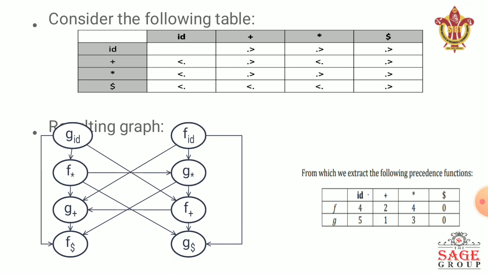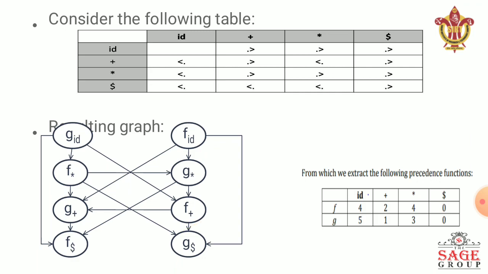Now for the remaining values we find the longest outgoing path covered by that particular node. For example, f of id has three outgoing paths. The length of the first path is 1, the length of another path is 2, and the length of the third path is 1, 2, 3.